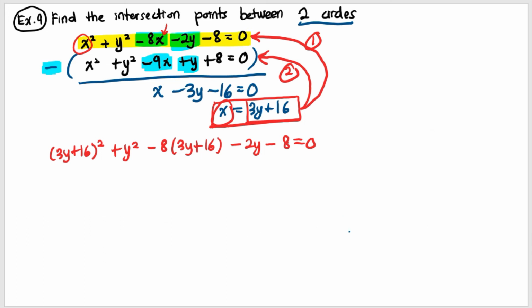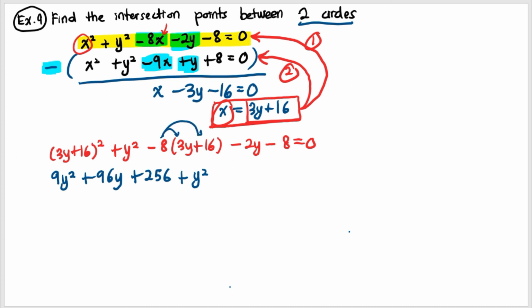Now we have to expand this one. We'll get something like 9y squared. Now 2 multiplied by 3 multiplied by 16, I'll have plus 96y. Now we have 16 squared, which is given by 256. Now we have plus y squared.